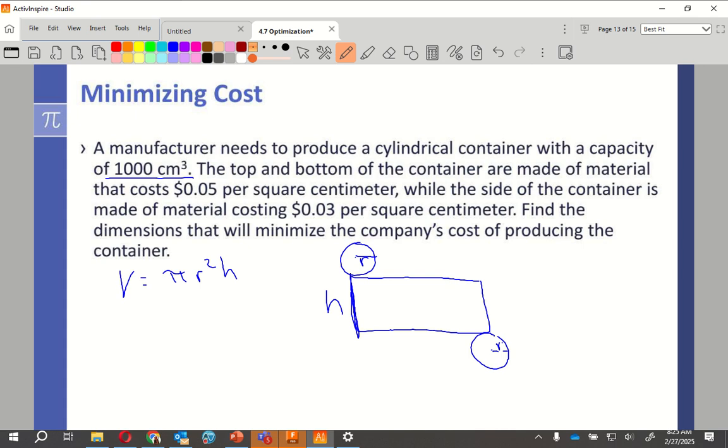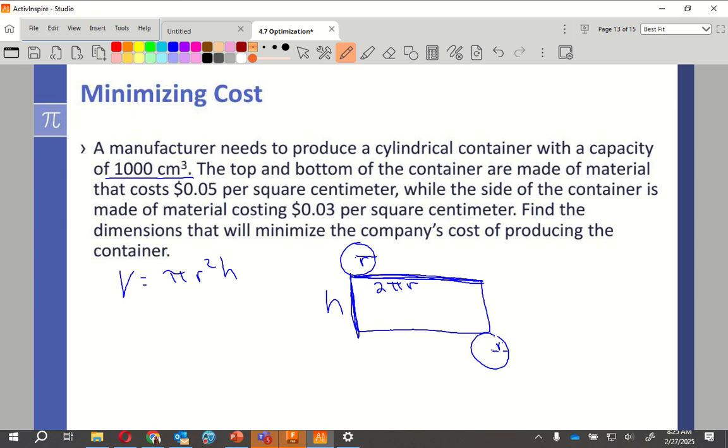This value right here is going to wrap around my circle, so that means that's going to be my circumference. The formula for circumference is 2 pi r. It's normally pi times diameter, but I don't want to include a different variable here.